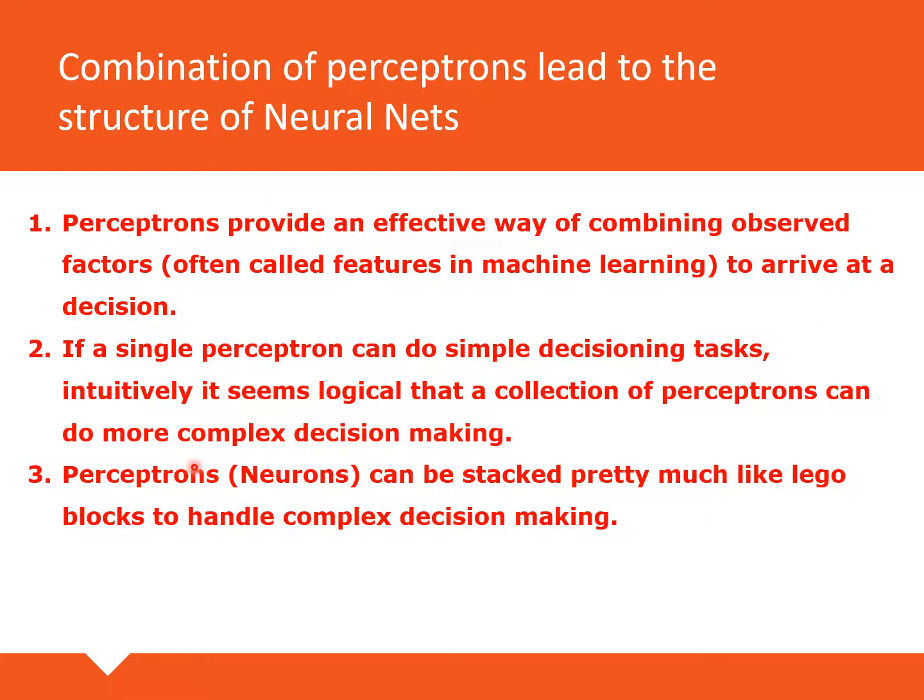So the intuition that we started off with was that perceptrons, since they are very effective in combining different observed factors to arrive at a decision, if a single perceptron can do simple decisioning, it's possible to combine a collection of those perceptrons for doing more complex decisioning. So we have justified that intuition, and we have also seen that the more complex the decisioning is, we can potentially build more complex looking networks.